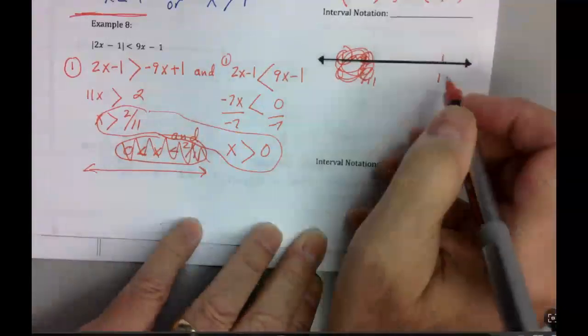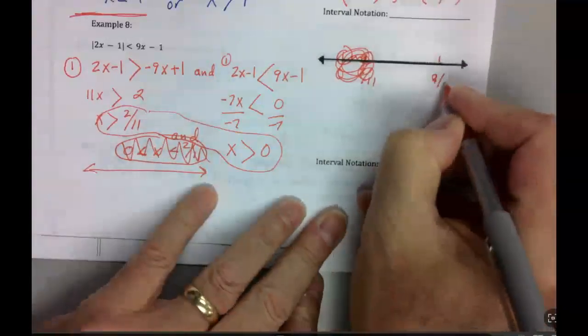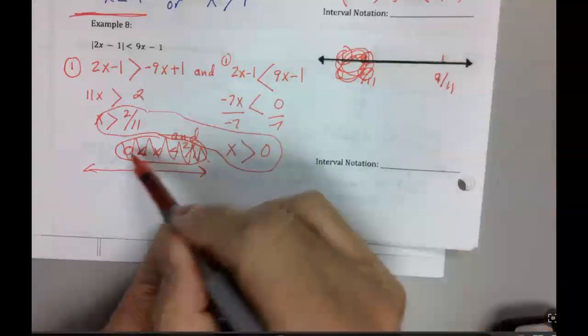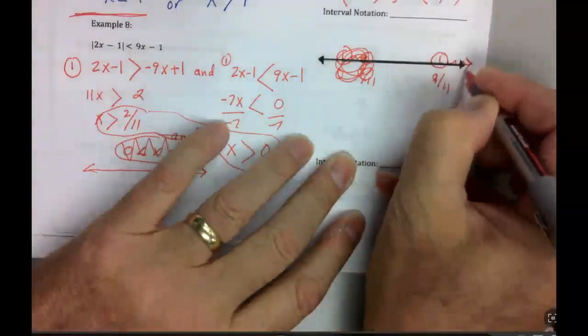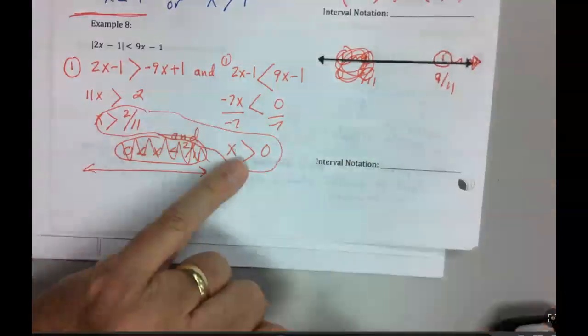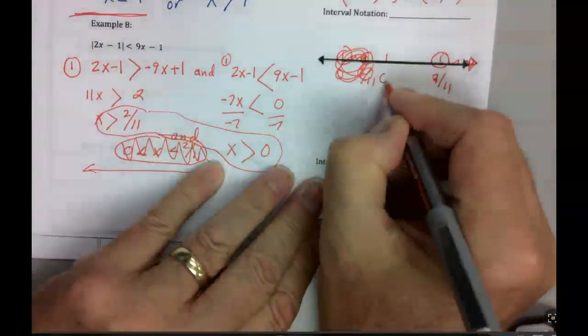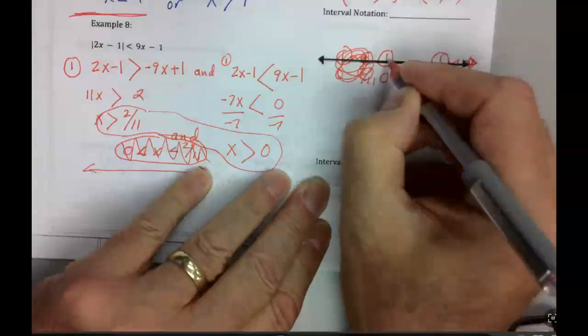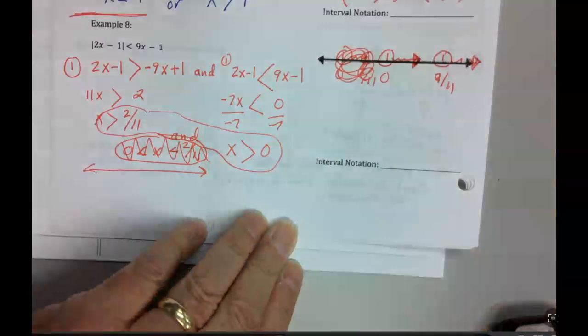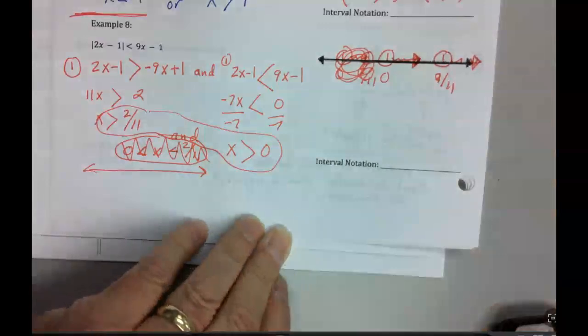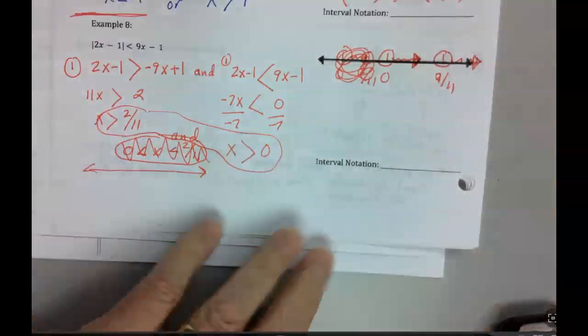Think about it. 2 11ths is here. So the first one was x is greater than 2 11ths, correct? It's going this way, isn't it? Agreed? And then x is greater than 0 is right here. So they're not going towards each other this time, are they? Everybody agree with me on that? So that's what happens when you divide by negative.